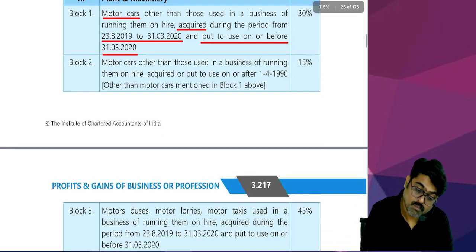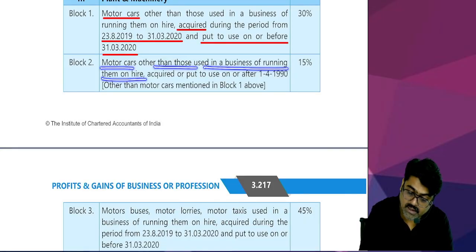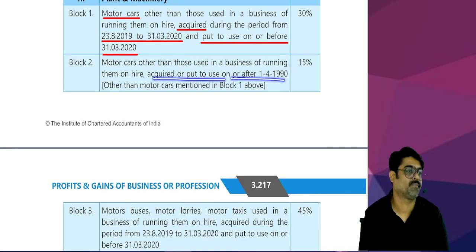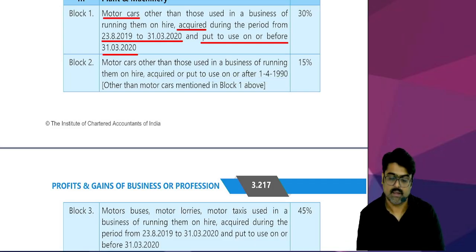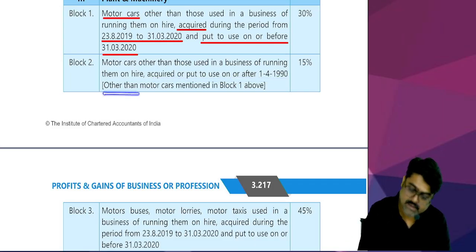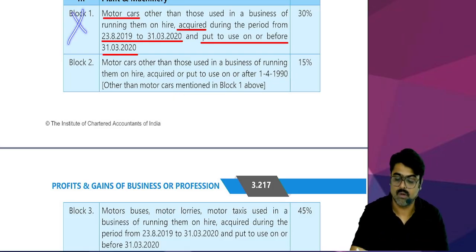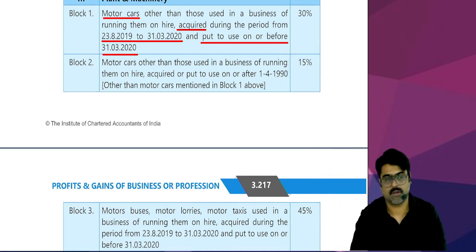Then motor cars other than those used in the business of running them on hire, acquired or put to use on or after 1st April 1990, other than motor cars mentioned in block 1 above. See, if your motor car is not covered in block 1, then for all the motor cars the rate is 15%.